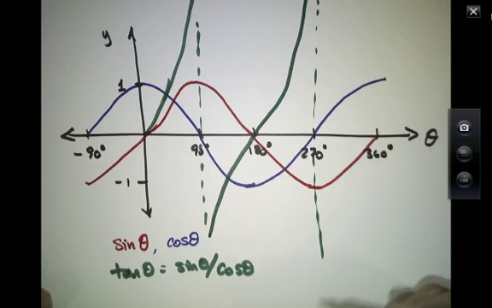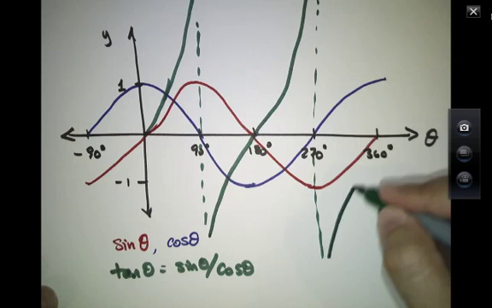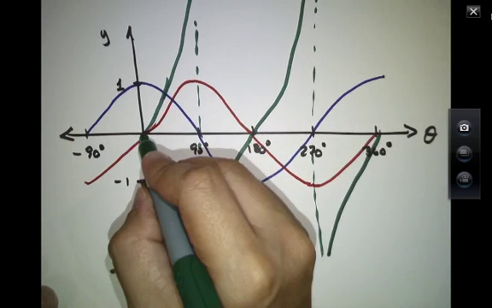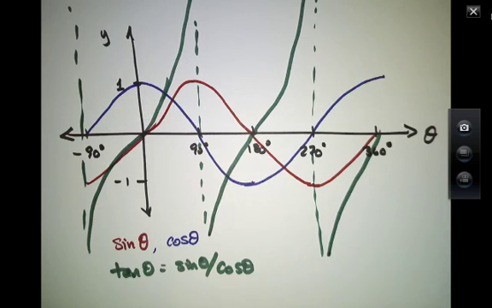And I have these dramatic arcs that look like so. So the tangent of x, or tangent of theta, is constantly going between minus infinity and plus infinity. And it goes through 0 at multiples of 180 degrees: 0, 180, 360, and so on.